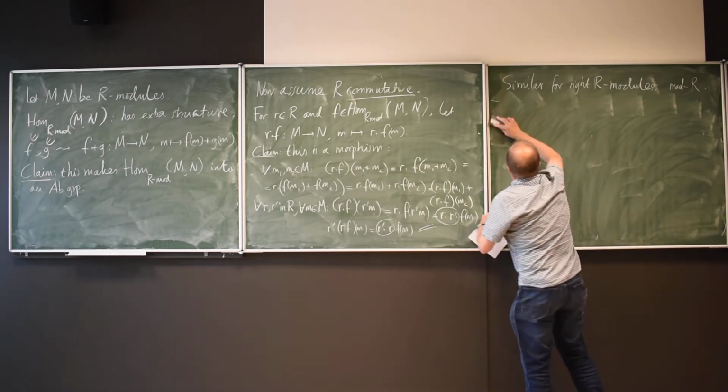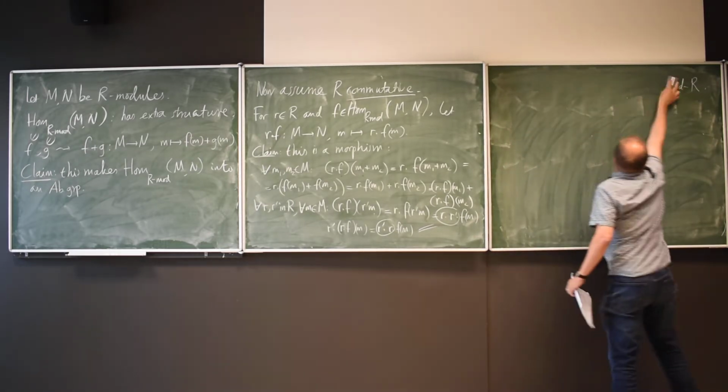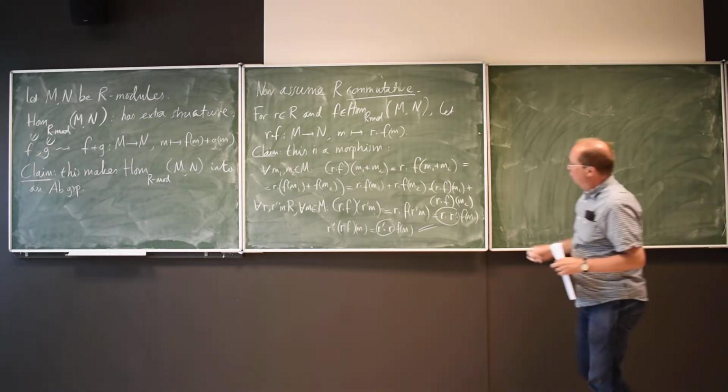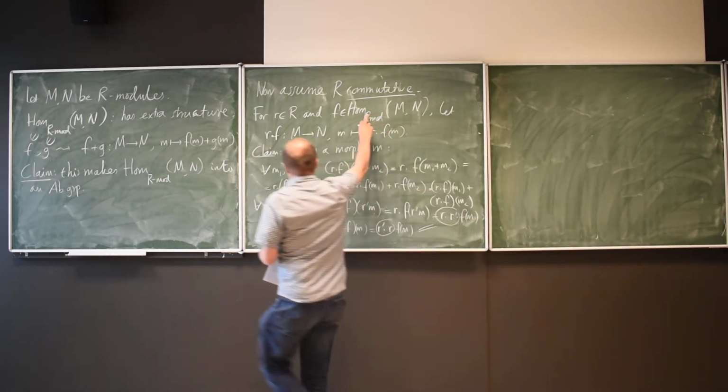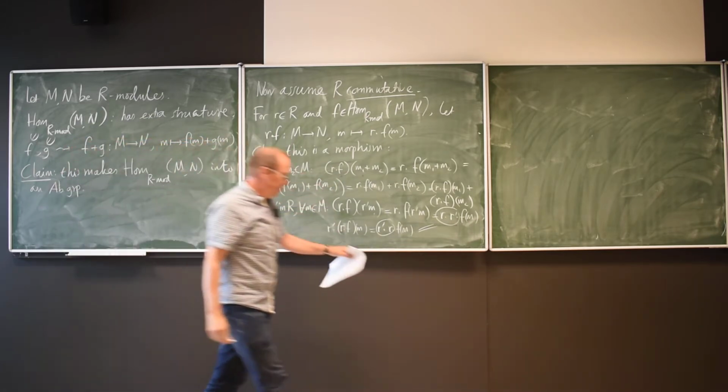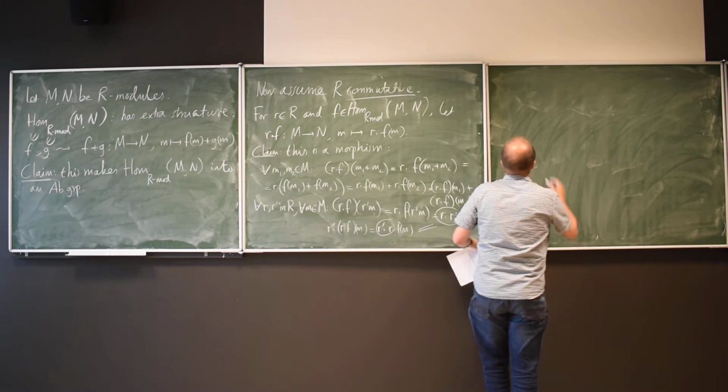And then the statement we can make is that the Hom set, which was already an abelian group, actually becomes an R module.